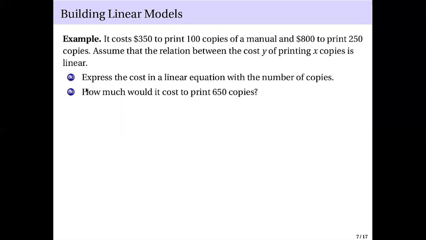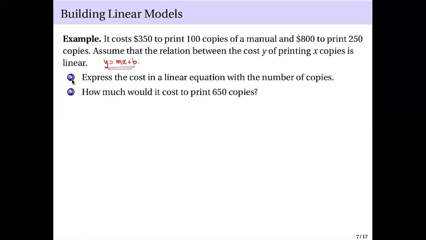So in here, let's just have y here. You have your y equals mx plus b, because we are assuming that the relation between y and x is linear. So it must be of this form.